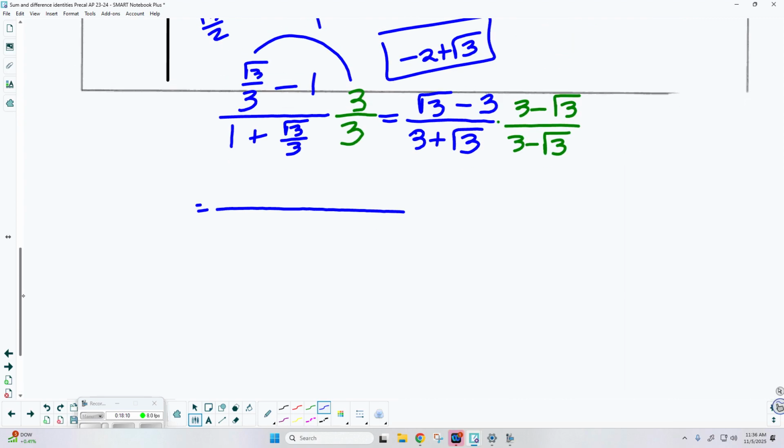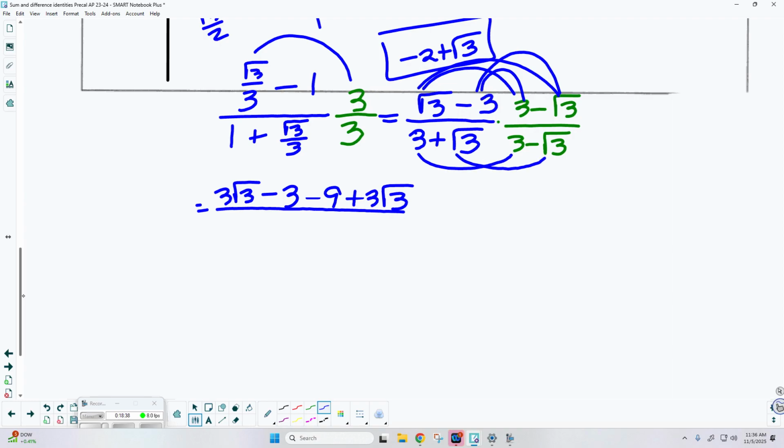Okay, so if I start to multiply first, 3 root 3 outside, minus 3 inside, minus 9, and then finally last, so that would be a plus 3 root 3. Okay, are these looking familiar? Okay. Denominators, we know they're conjugates, so I only have to worry about the first and the last.